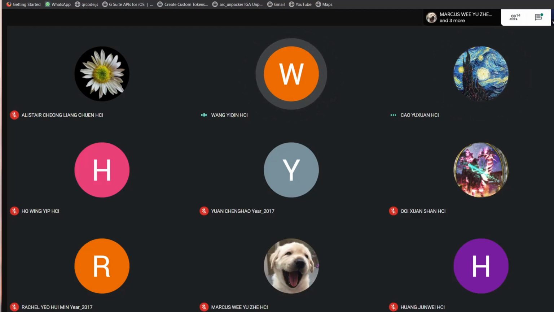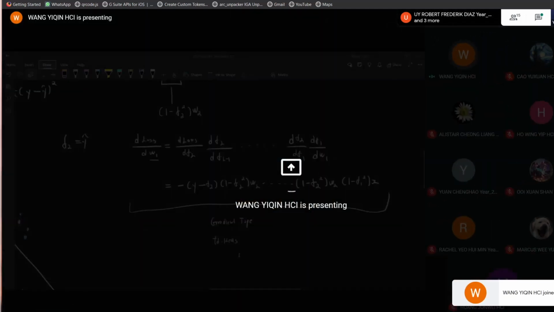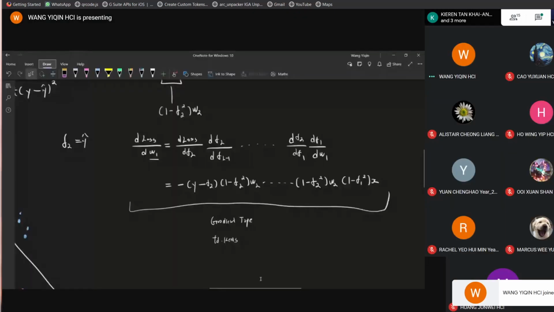Actually, from just now, that derivation, let me just share my screen again. That derivation for the gradient, as you can see here, you can see one problem with this approach, right?